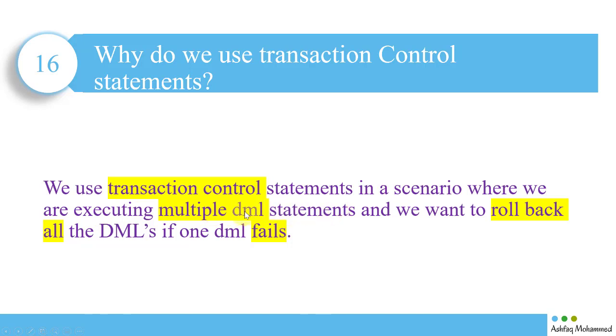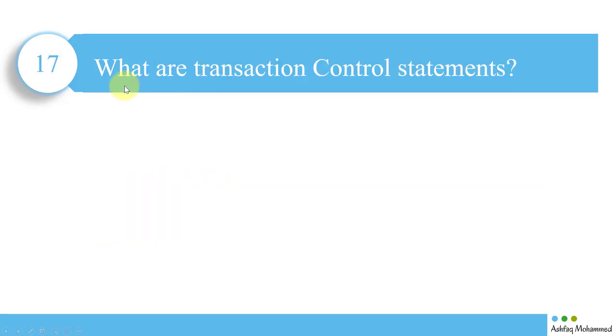One DML is to insert accounts, another DML to insert contacts. And if we want to roll back all DMLs if one DML fails, then in that scenario, we use transactional controls.